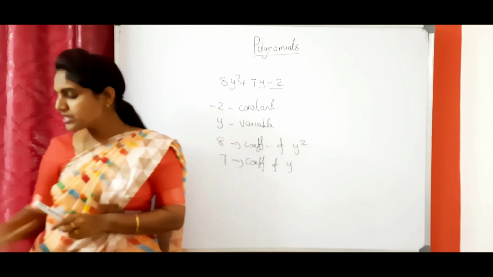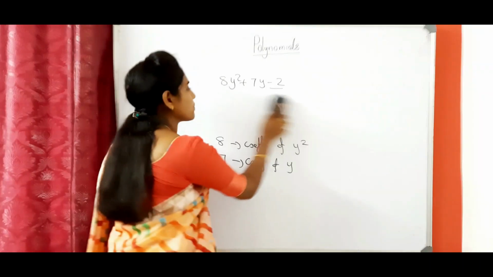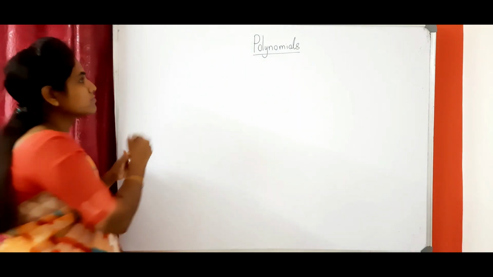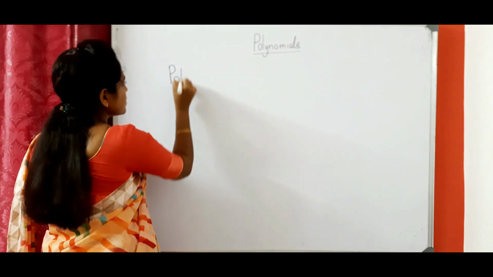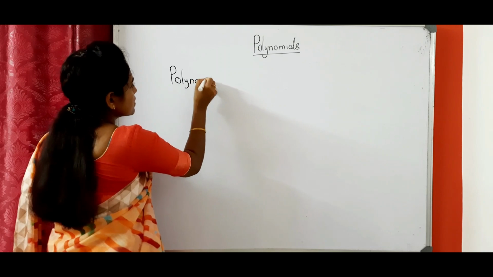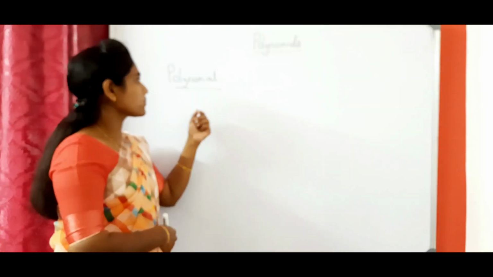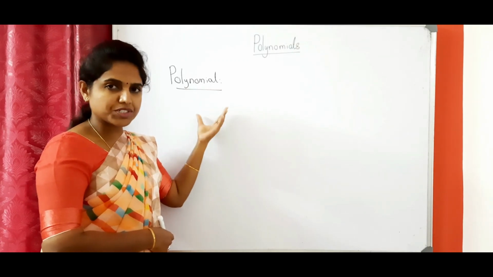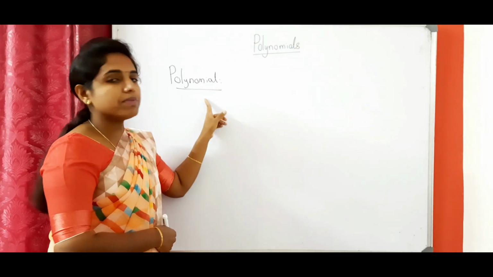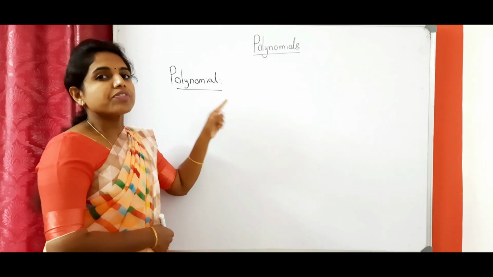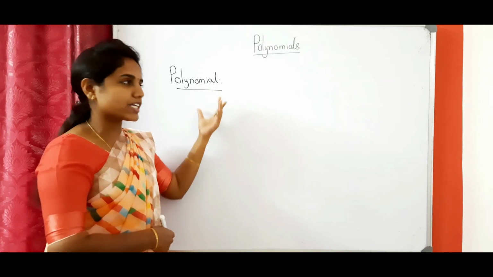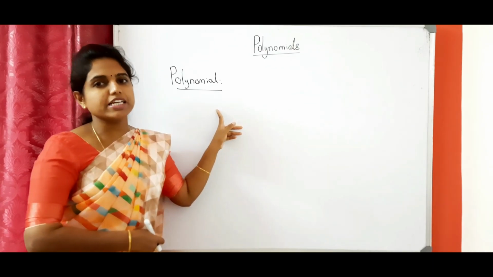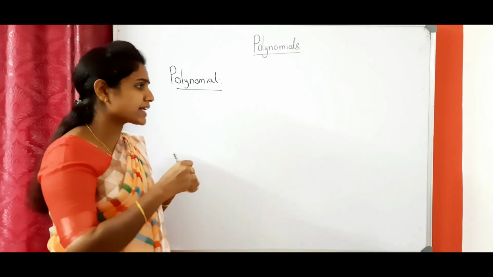Next, we are going to see what is a polynomial. A polynomial is an algebraic expression in which the variable has non-negative integral exponents. What is called a non-negative integral exponent?